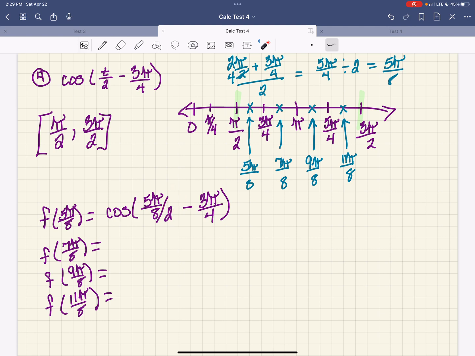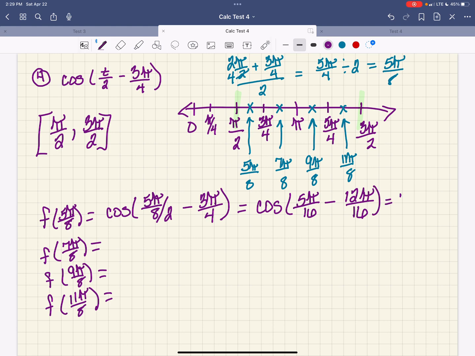At that point, we end up with the cosine of 5 pi over 16 minus 3 pi over 4, and that's 12 pi over 16. 4 goes into 16 4 times, and 4 times 3 is 12.